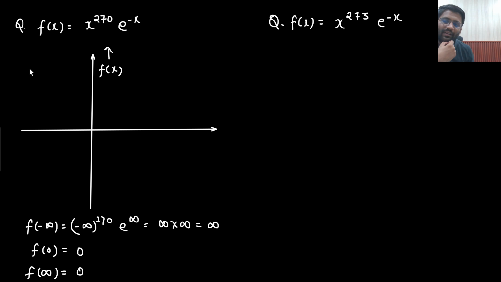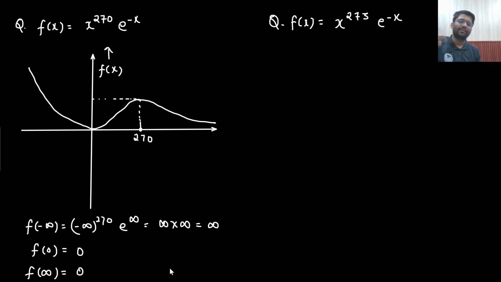So it goes from infinite down to 0, then it will rise and then go down to 0 only. What will be this value? This value will occur at 270. What will be the maximum value? That we don't care. This is how the graph would go.